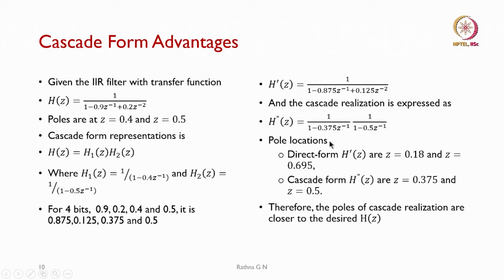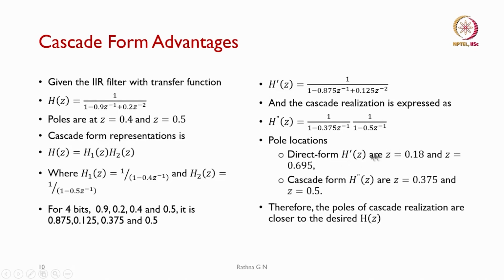So, what happens to the pole locations? In the direct form, because these are the quantized values we are going to represent, H dash of z has poles at z = 0.1 and z = 0.695. In the cascade form, what happens to our H dash of z? Here the poles are at z = 0.375 and 0.5. So you will see that instead of what we are supposed to get, which is 0.4 and 0.5, in the direct form the pole locations are at 0.1 and 0.695.